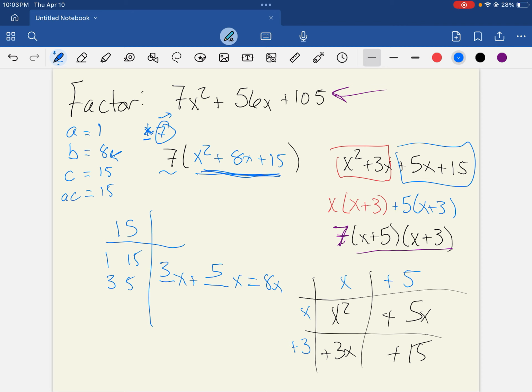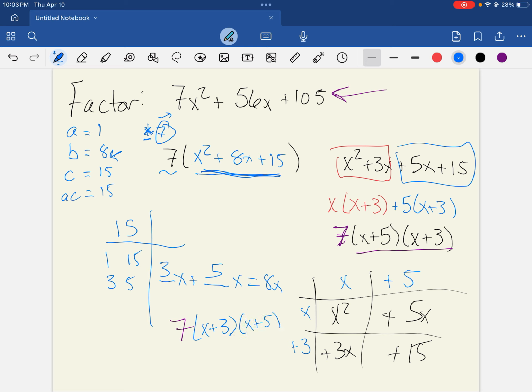I'm factoring and finding the GCF of x squared and 5x, 3x and 15, and then x squared and 3x, and 5x and 15. Again, the biggest thing that I would worry about if I was doing these problems is if I take out a GCF, not including that at the very end.